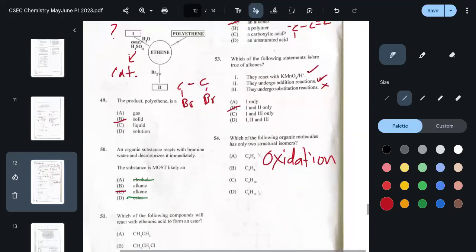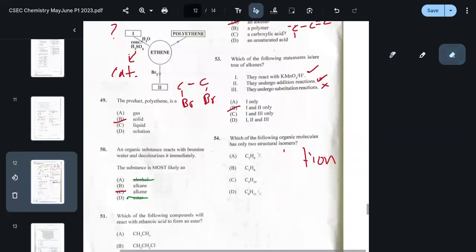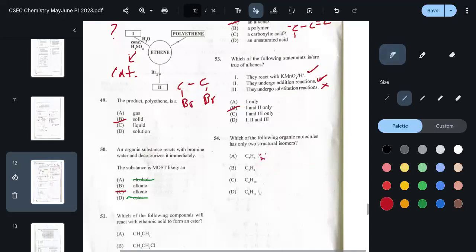Which of the following organic molecules has only two isomers? C2H6 doesn't have any. The first isomer starts at C4H8. All right, so it is actually butane.